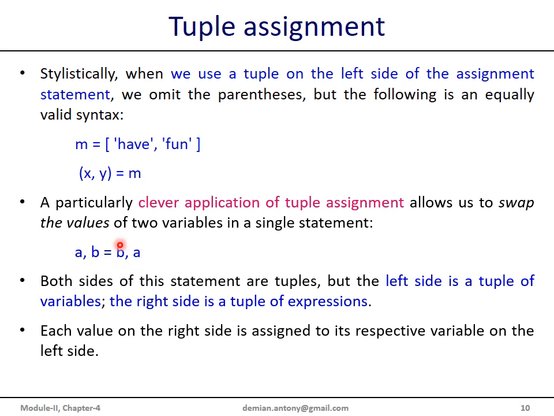So first this expression, with only one variable, is evaluated, and the value of this evaluation is stored in a temporary variable by the interpreter. Similarly, the second expression is evaluated, and the result is stored in a temporary variable by the interpreter.